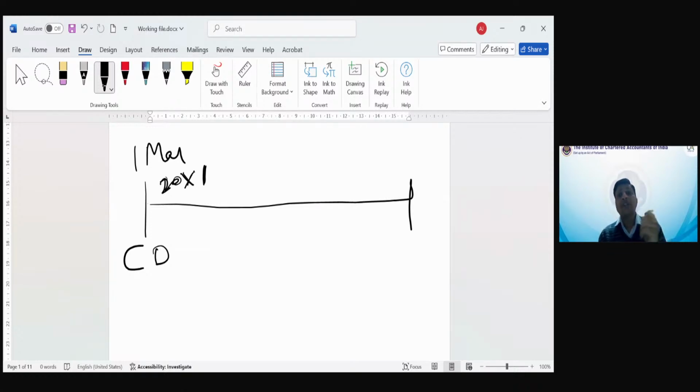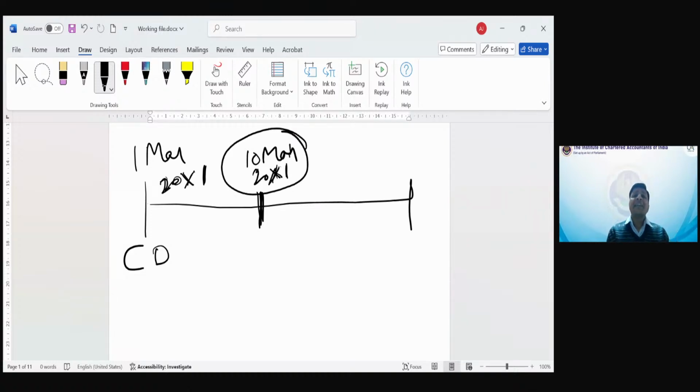Now suppose after 10 days, say on 10th of March, the position of CD got deteriorated. In this case, one can argue that because the position has deteriorated, even if the sale is recognized, a provision should be created for those debtors.